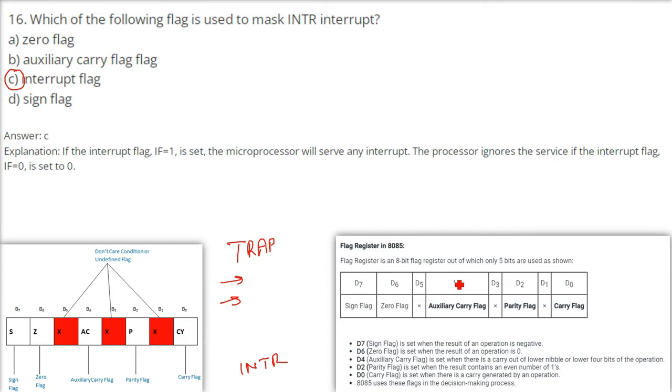I just showed you this because it is the basic flag we talked about. But we are talking about an entirely different kind of flag, the interrupt flag. If the interrupt flag IF is 1, if it is set, that is, equal to 1, the microprocessor will serve any interrupt. The processor ignores the service if the interrupt flag IF is set to 0. If it is equal to 0, then it is reset.